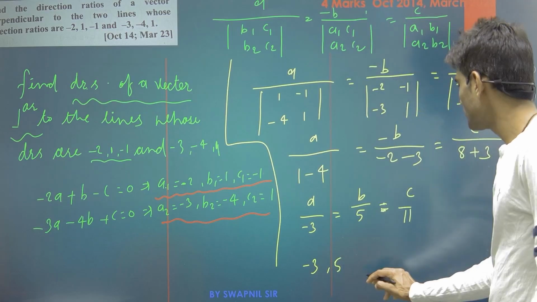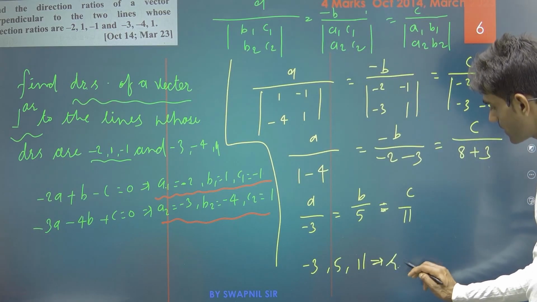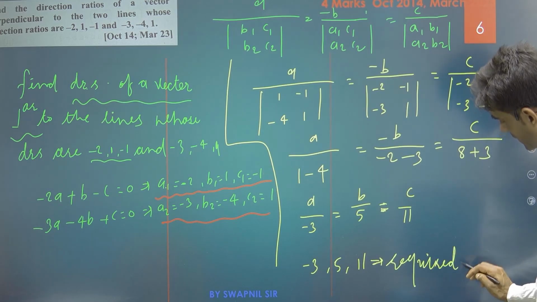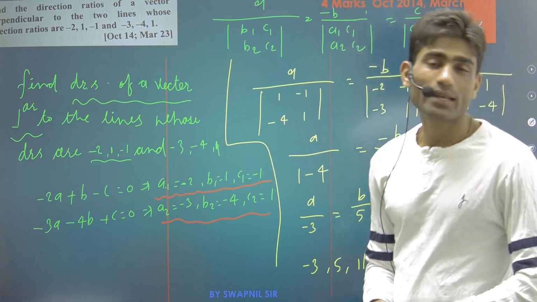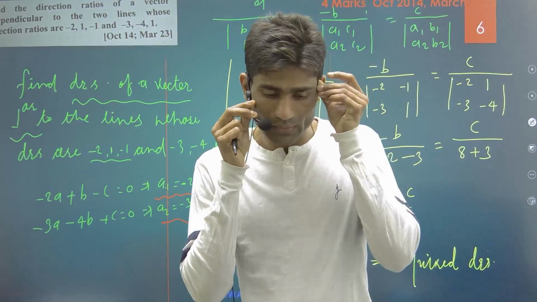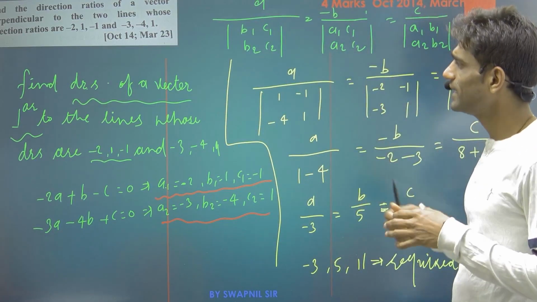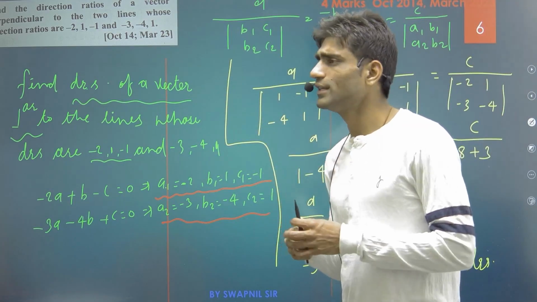Minus 3, 5 and 11 all are the required direction ratios for our given line. So I'm expecting that you all have understood this solution. Nothing is difficult here. We just need to understand what the direction ratios are first.